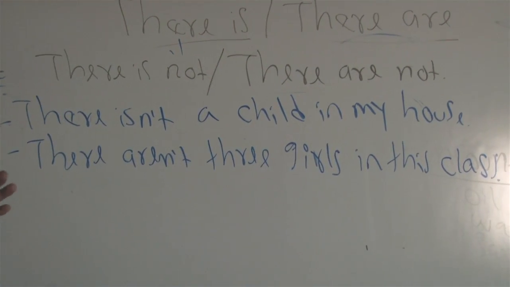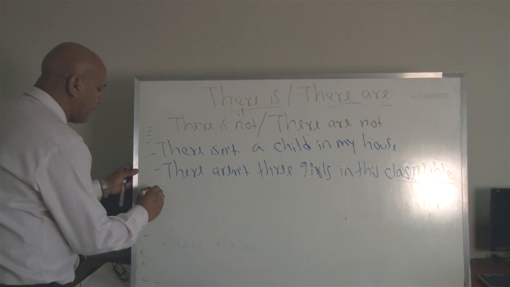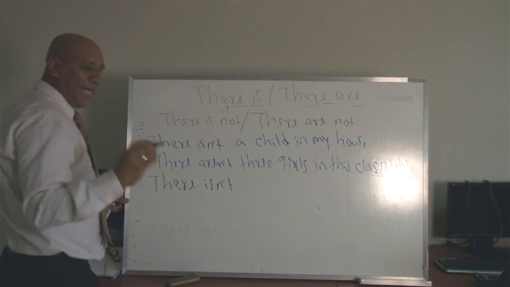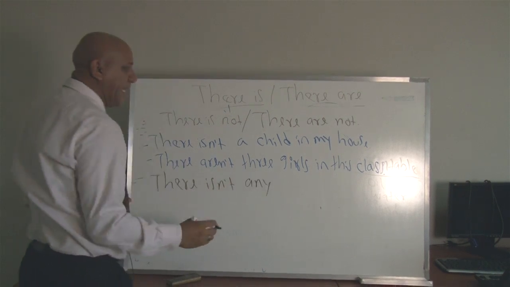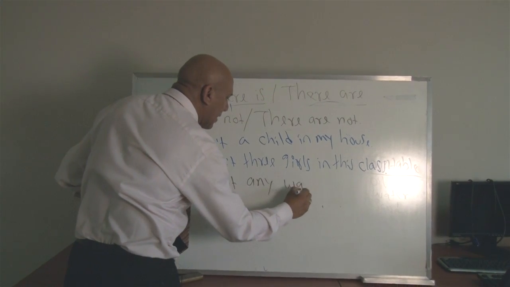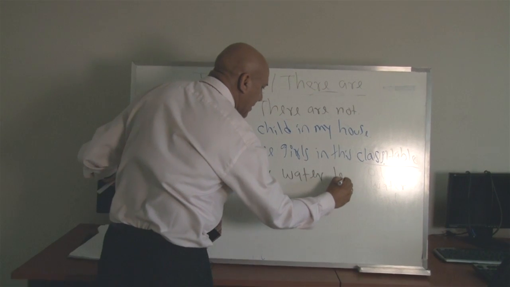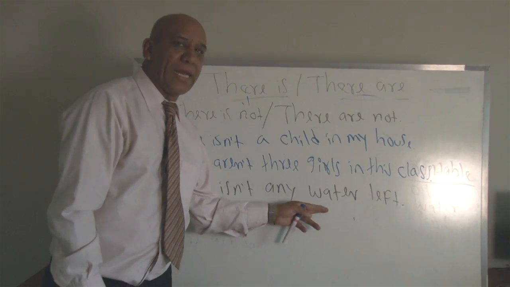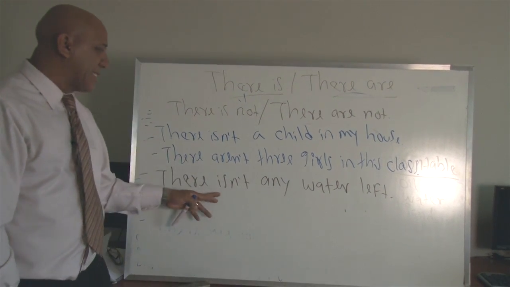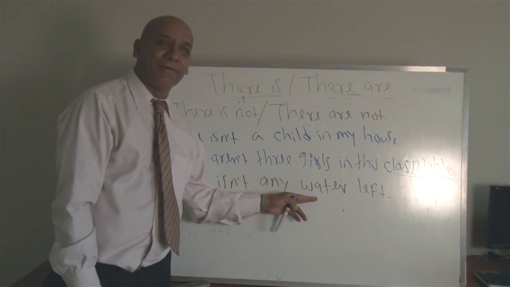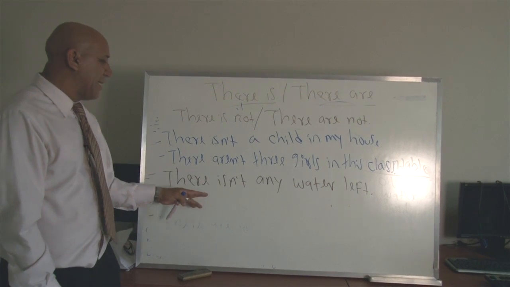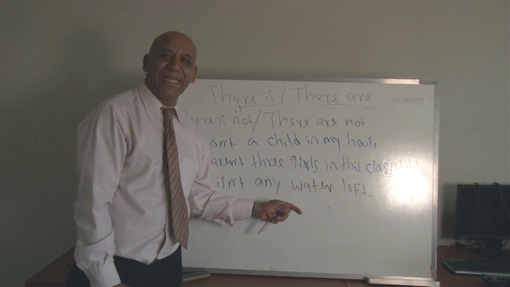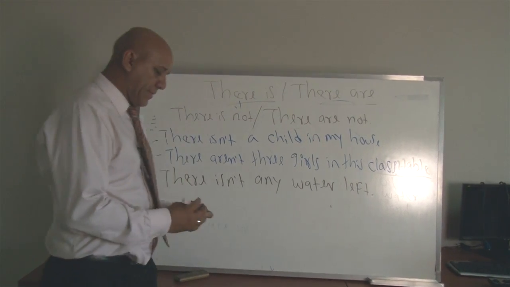With uncountable nouns, there isn't any water left. See, any water. I'm not going to say there isn't a water. It's not correct. That's why we say there isn't any water left, because water is an uncountable noun.